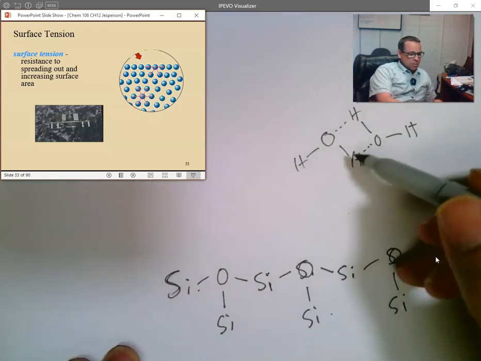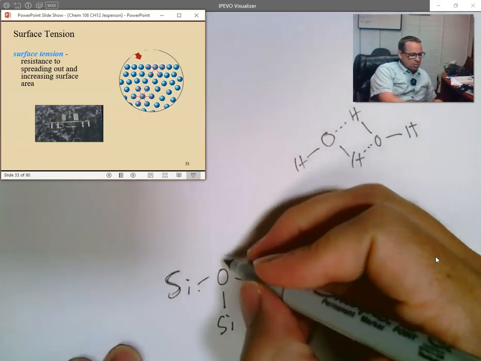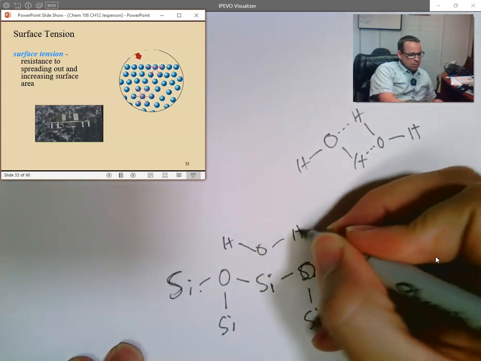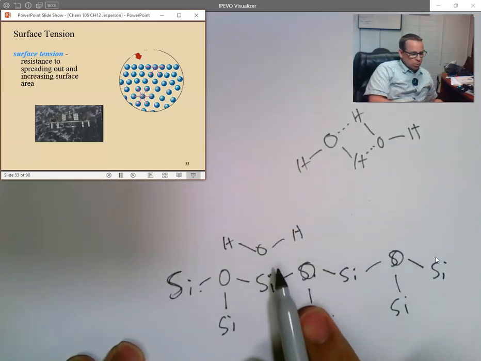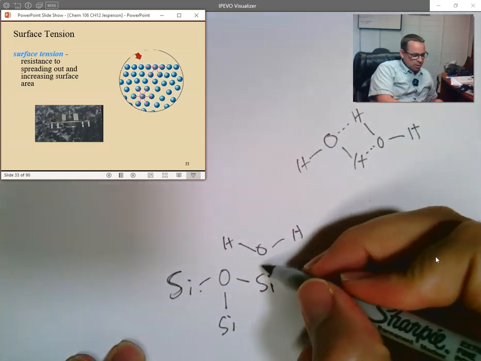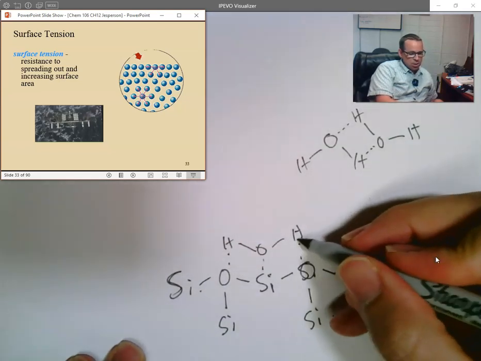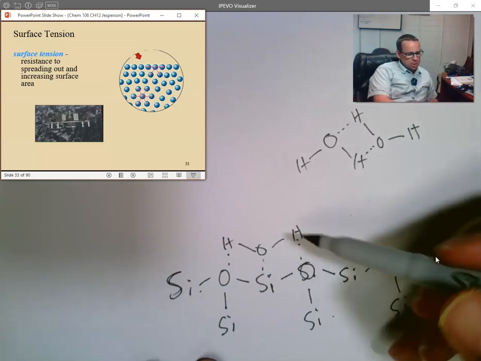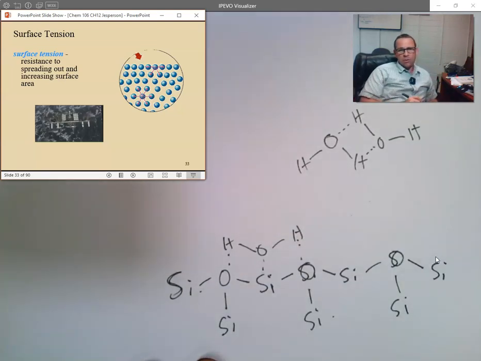So that means when something like water comes and hits a glass surface, the water will have a significant amount of interactions that can occur here. You're going to have some good dipole-dipole interactions between water and a surface of silicon oxide or glass.